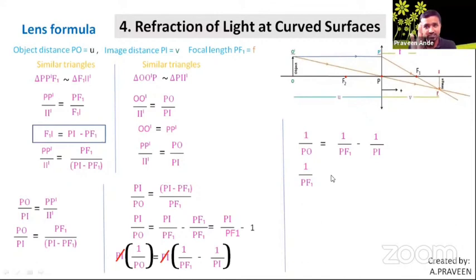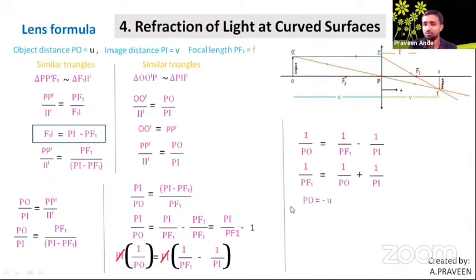Yeah, Pf1 is kept on the same side and Pi is taken inside. So what will I get here? 1 by Pf1 is equal to 1 by Po plus 1 by Pi, just transposed, because I want to write 1 by Pf1 equal to.